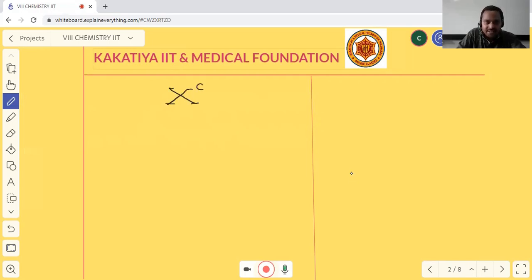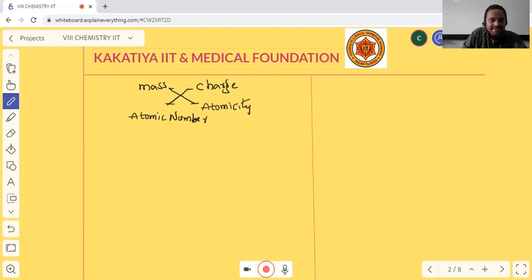Generally, here we write the charge, here we write the atomicity, here we write the mass, and here we write the atomic number.